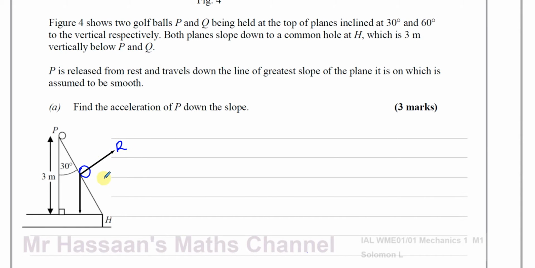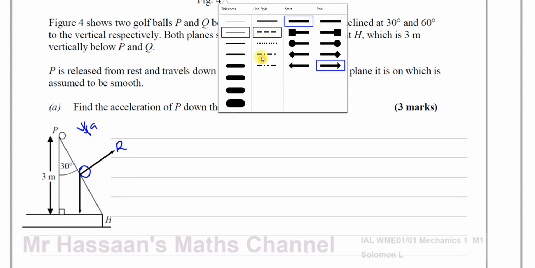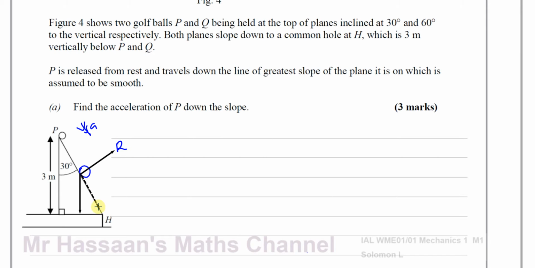It's going to be accelerating down the plane in this direction, so we need to resolve the forces in that direction. I'm going to resolve the forces parallel as well as perpendicular to the plane.